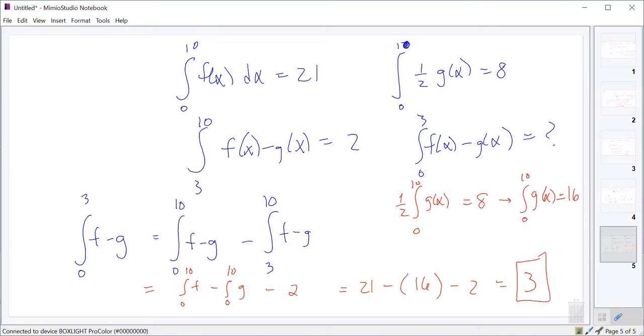Perfect. Are we thinking a calculator or a non-calculator? What do you prefer? Anybody have a preference? Calculator versus non-calculator? Calculator.